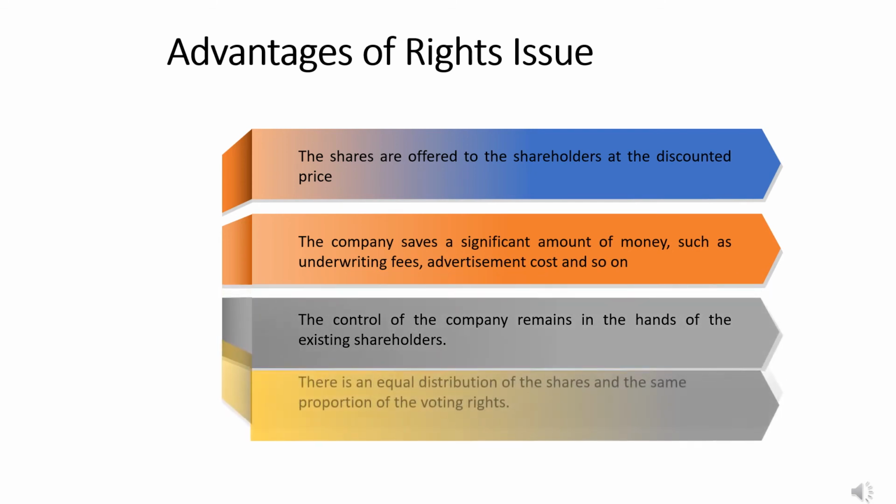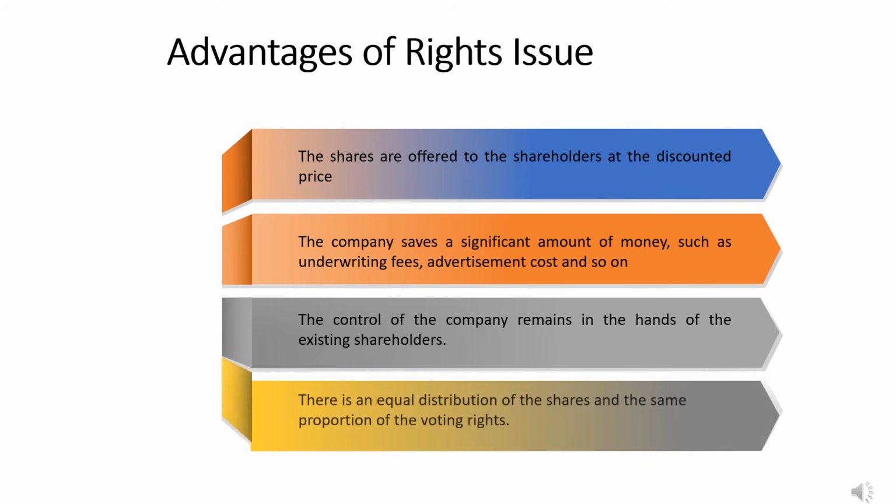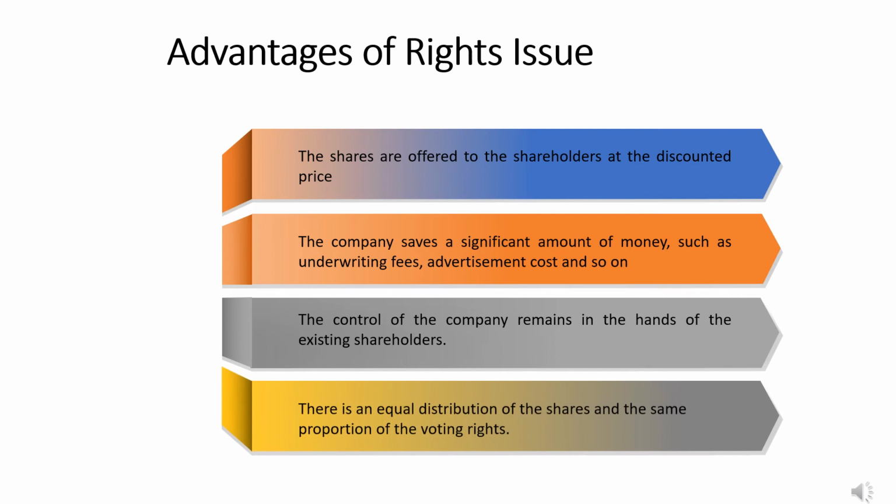Unlike the IPO, the initial public offering, in the rights issue, the company is able to reduce the operational cost and time, as the company saves a significant amount of money in underwriting fees, advertisements, and so on. The control of the company remains in the hands of the existing shareholders, as promoters also look forward to increasing their stake. There is an equal distribution of shares with the same proportion in the voting rights as well.